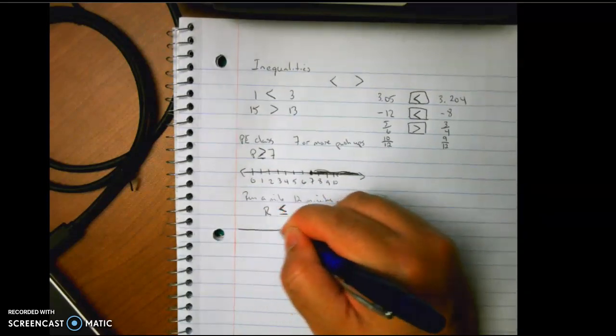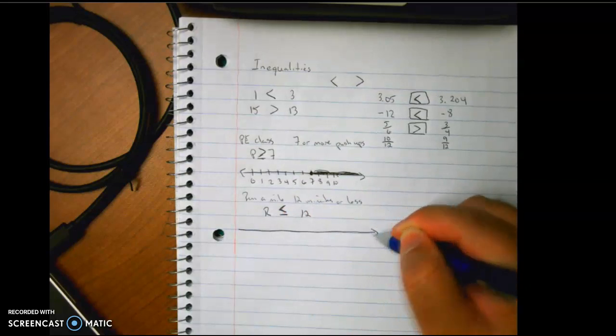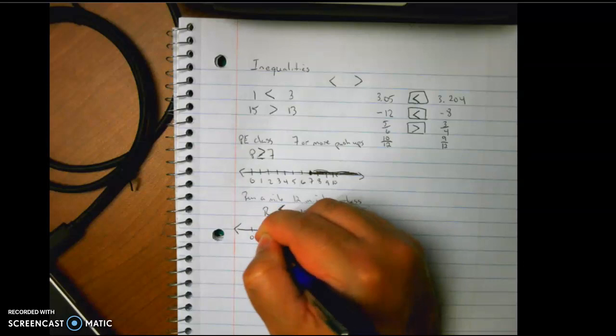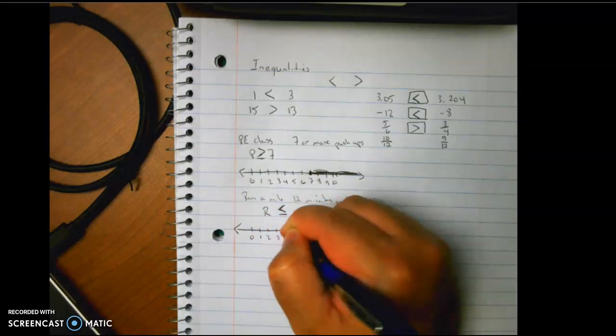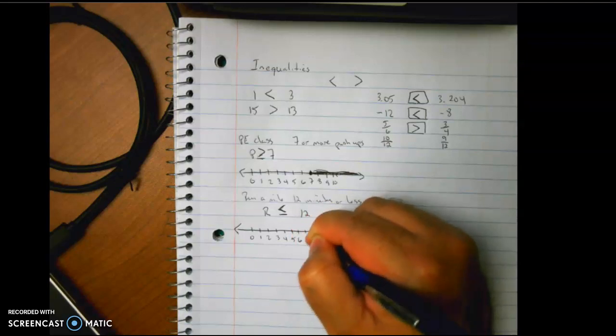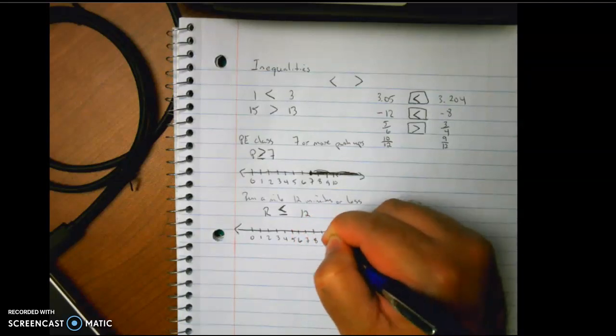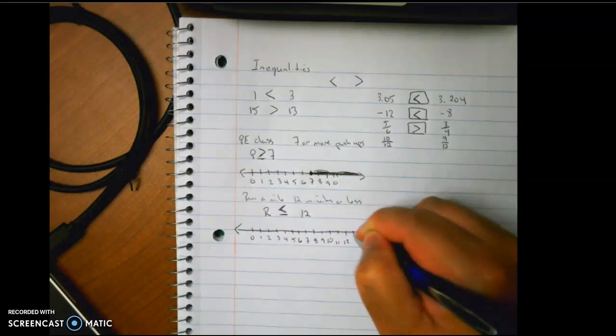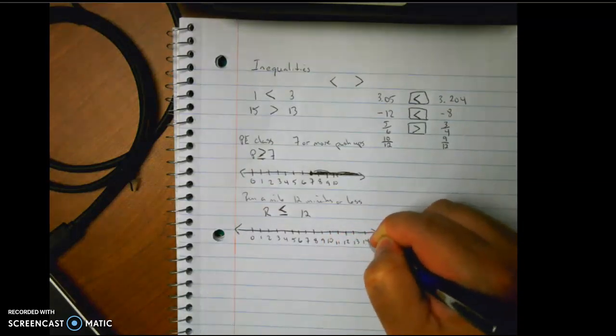And again, on our number line, 0, 1, 2, 3, 4, 5, 6, 7, 8, 9, 10, 11, 12, 13, 14.